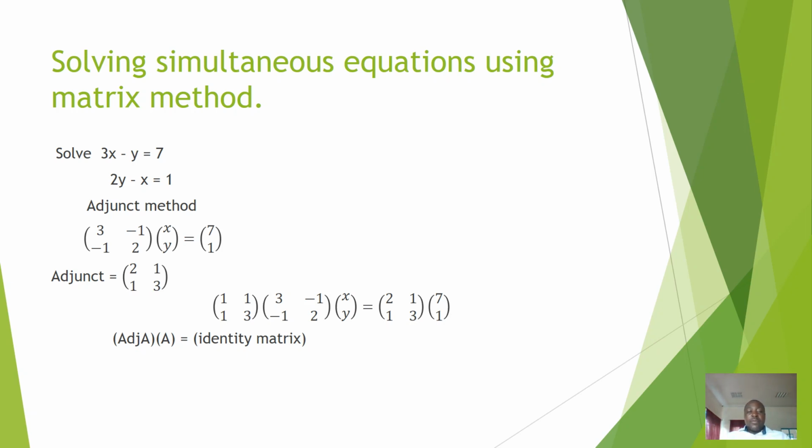So the signs which have been negative have turned to be positive. Then what you do, you pre-multiply the adjunct on both sides, meaning when you come to the left-hand side, the adjunct must start. Even when you go after the equal sign, the adjunct should start.